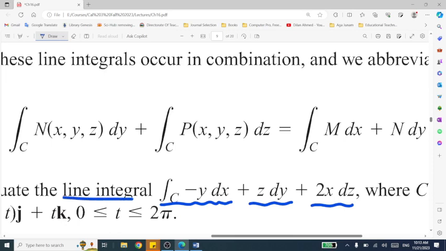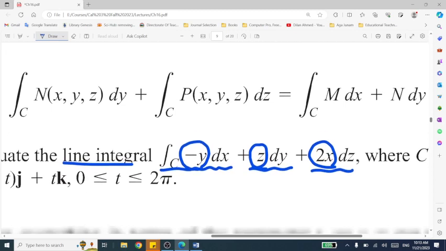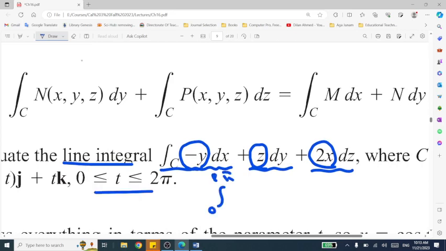Okay, now you need to exchange one by one. How? I say, this is my boundary. I know my boundary will start from 0 to 2 pi, but dt. dt for what? For M(r(t)). Okay, what else? g'(t), the derivative.